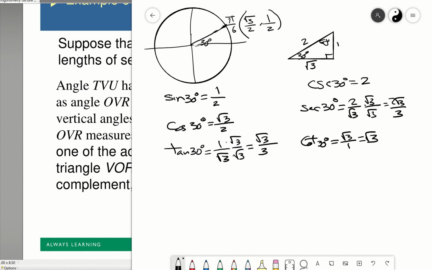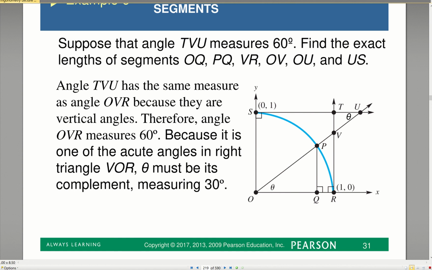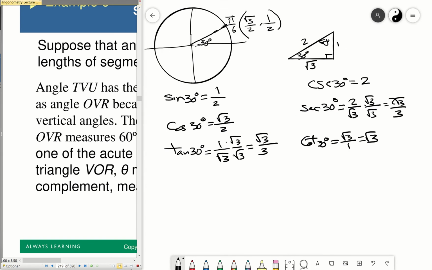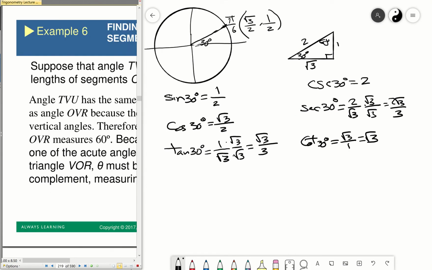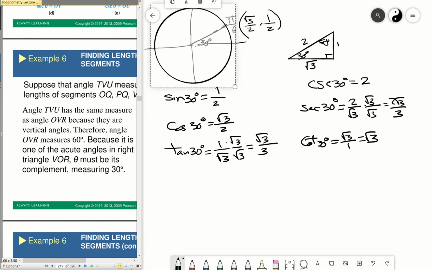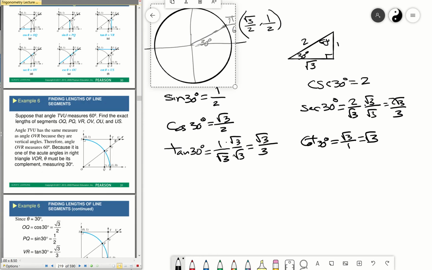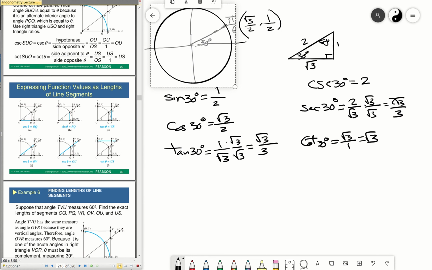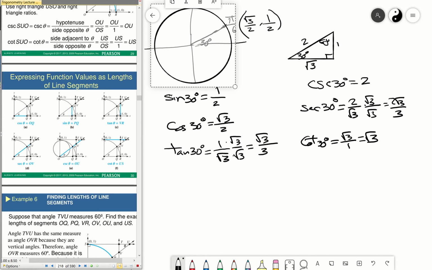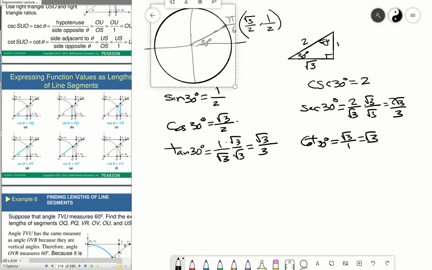So now we know the length of each of those sides if we just look at, so let me make this smaller again. All right, so if we look at this graphic here, notice we had that the cosine of theta is OQ. So all we have to do is here, since we're dealing with a 30-degree angle, we know that's going to be the OQ that we were looking for.